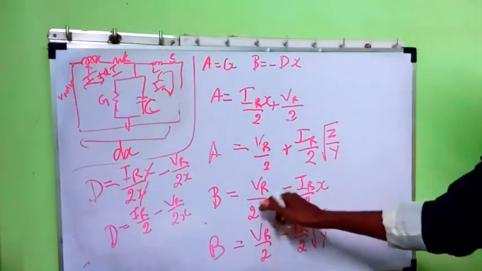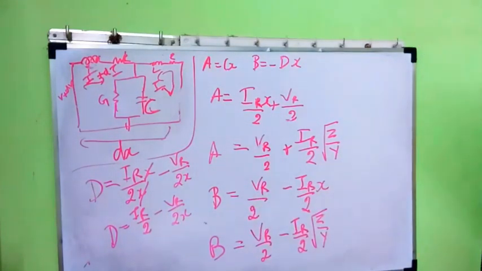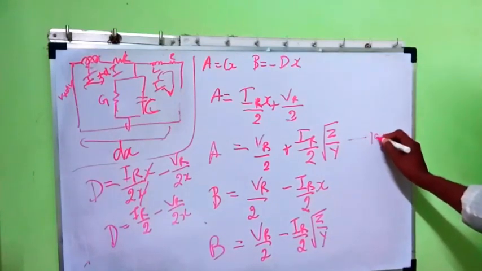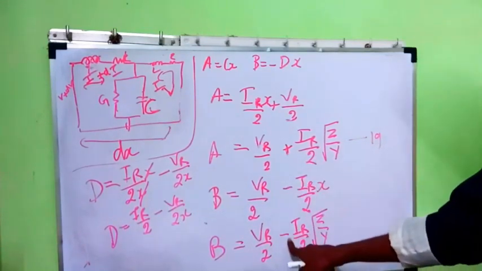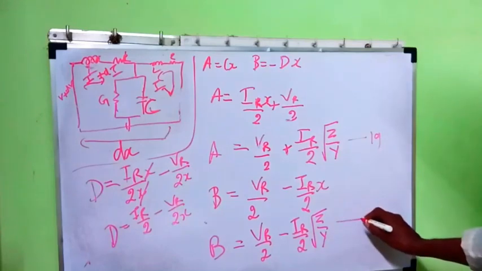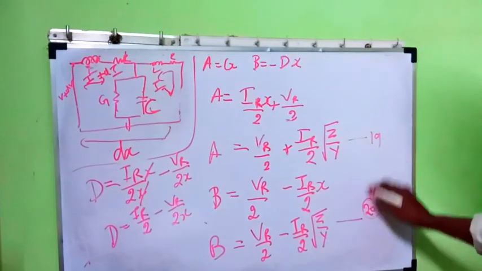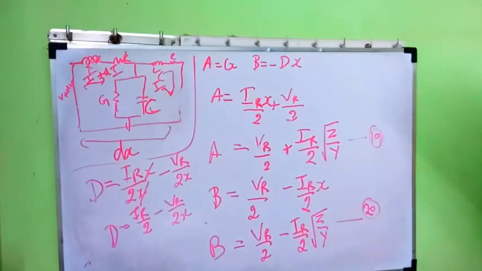So a and b both are of the same form, but afterwards, this plus over here and b's minus over here, you just make it in the form of equation number 19 and equation number 20, and now we get the value of a as well as b.